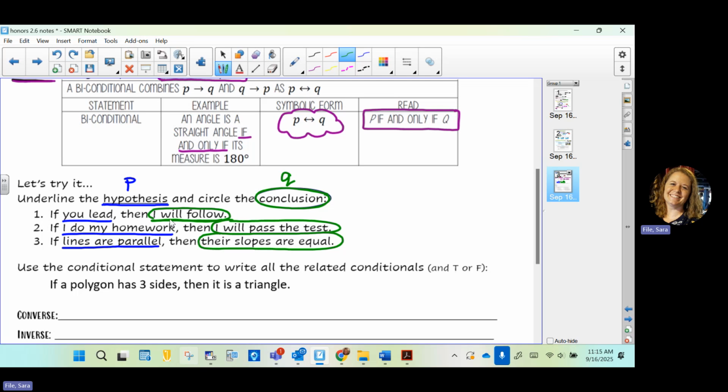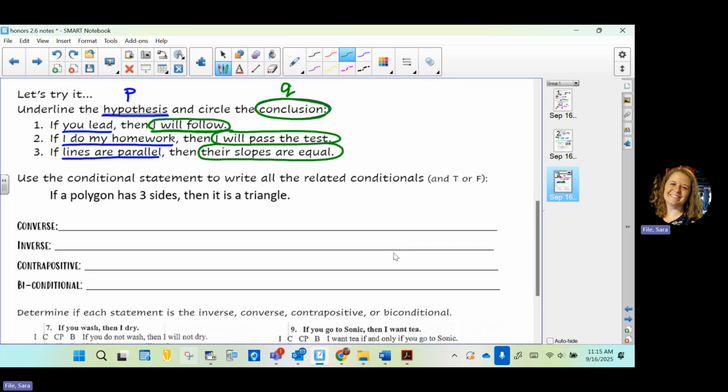Once you're able to identify P and Q, then you can write all of these different related conditionals. So here's my given conditional statement. If a polygon has 3 sides, then it is a triangle. A polygon has 3 sides, that's my P, my hypothesis.